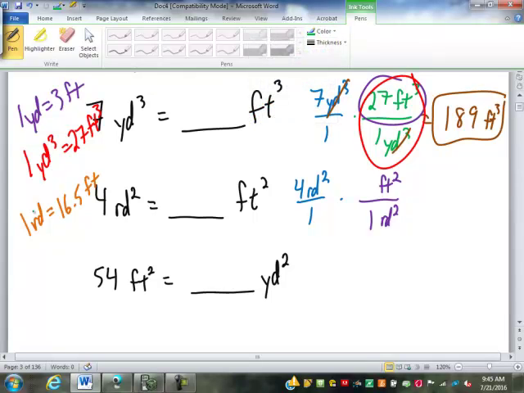So squared, we have to square everything. 1 squared is 1. A rod squared is a rod squared. 16.5 squared is 16.5 times 16.5, which is 272.25. And foot squared is foot squared.